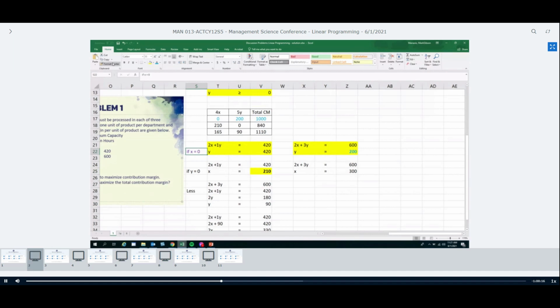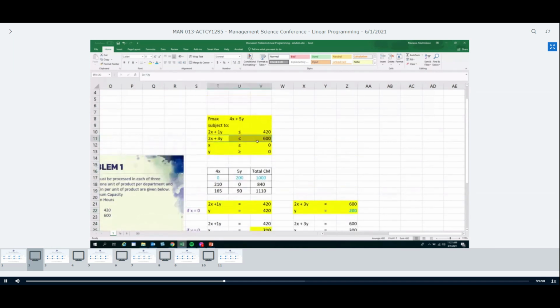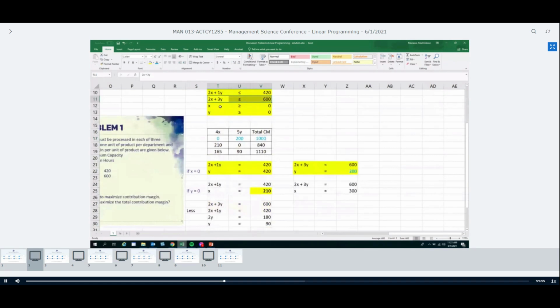If y naman is 0. So kung nakikita nyo, procedural yung ginagawa natin class ha. Hindi tayo tumatalon ng iba't iba. So step by step tayo. So next function natin is 2x plus 3y is less than or equal to 600.